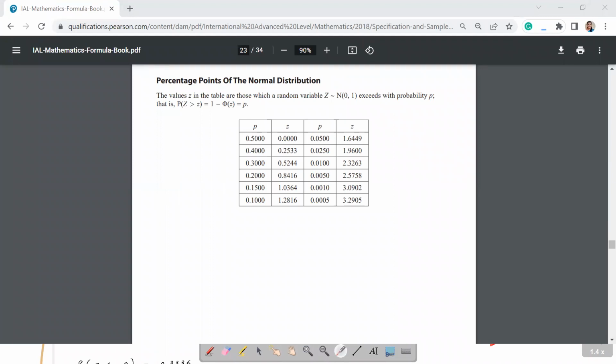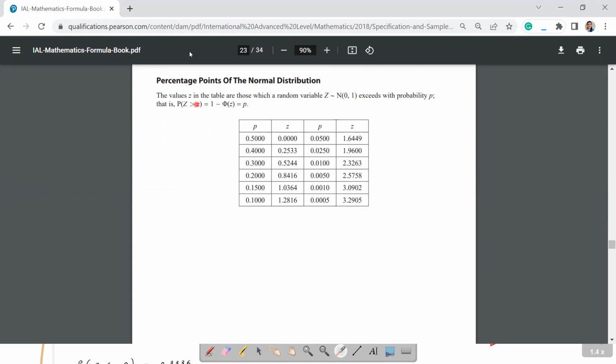Percentage points of the normal distribution. So guys, what is special about this table? Look at this. In this table, the values of Z are those of a random variable which exceeds with probability P. Can you guys see?